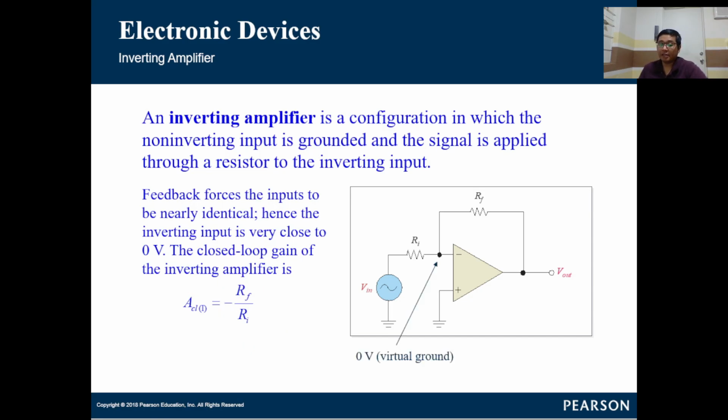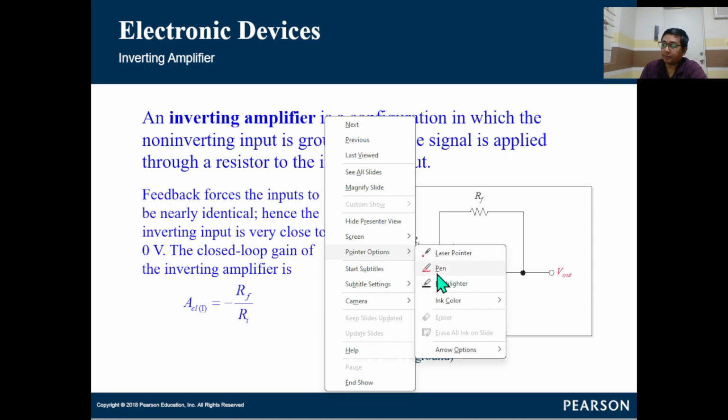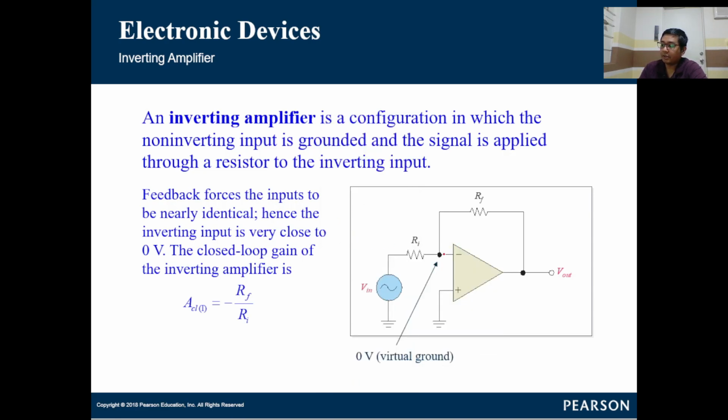So itong concept na to is very important, the concept of virtual ground. So at your inverting input, we have a 0 volt potential. That's why it's called the virtual ground. All right. So let us now proceed with the derivation of the closed loop voltage gain ng ating inverting amplifier.